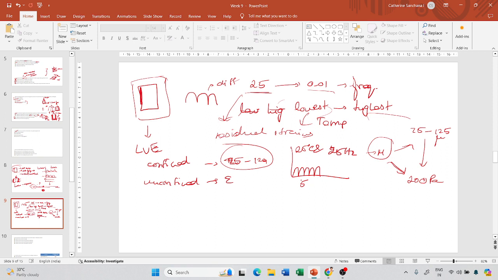Now it will measure the strain which the material exhibits for this 200 Pascal. Let us say the value that we got is 130 micron, so it is not within this range, right?